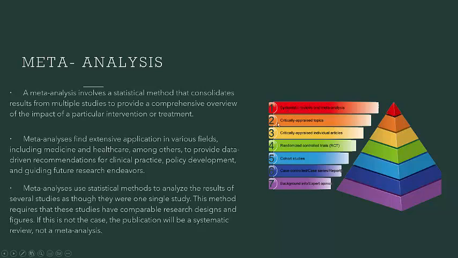As we go down, there are critically appraised topics, critically appraised individual articles, then randomized controlled trials or RCTs, then cohort studies, whether retrospective or prospective, then case-control, case series and reports, etc. Finally, the weakest evidence is background info and expert opinions.